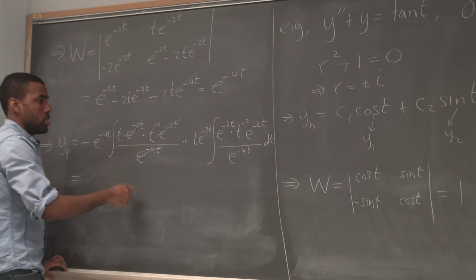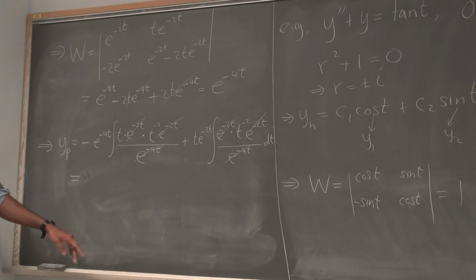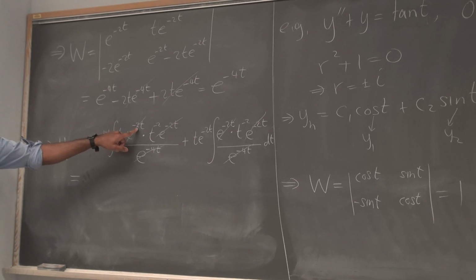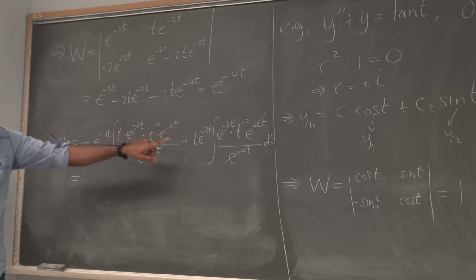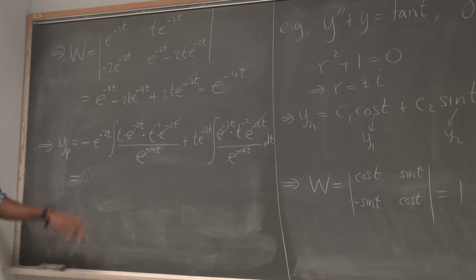This simplifies here, this kills those. y1 is e to the negative 2t, right? Not 4t. The other left side, oh, this, yes, negative 2. Got used to the negative 4.